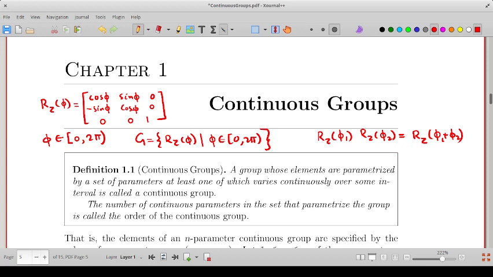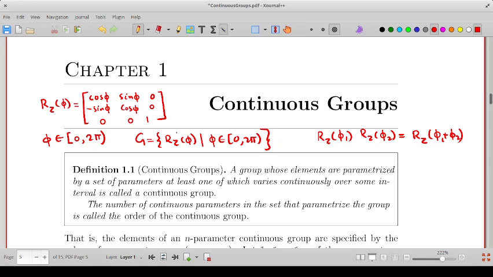and see that it is in fact a matrix having the same form with the parameter phi given by phi 1 plus phi 2. So R_z of phi 1 times R_z of phi 2 is R_z of phi 1 plus phi 2. So the closure property will be satisfied, and all other properties required for a group are also satisfied.